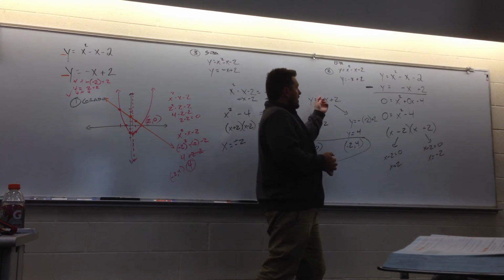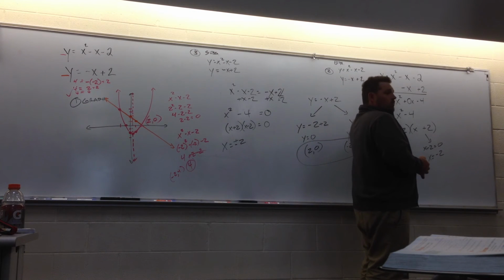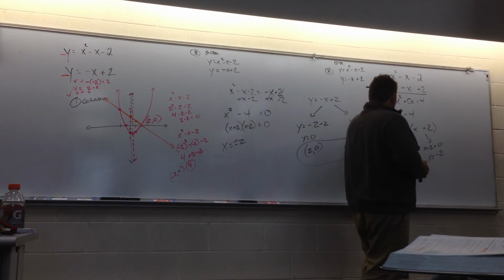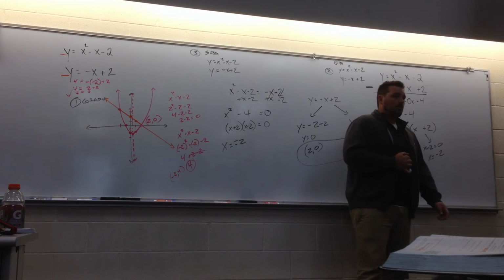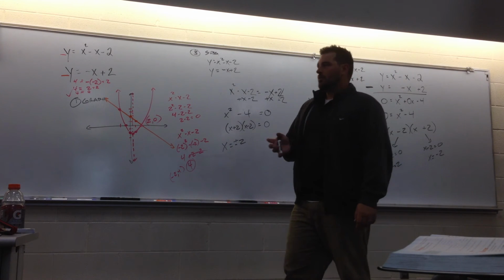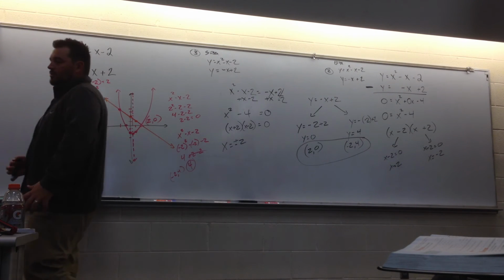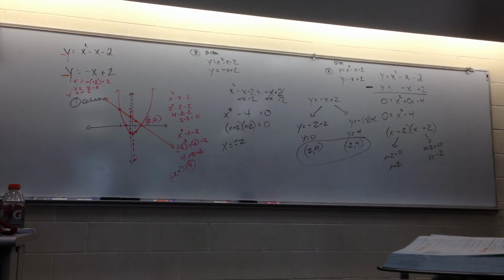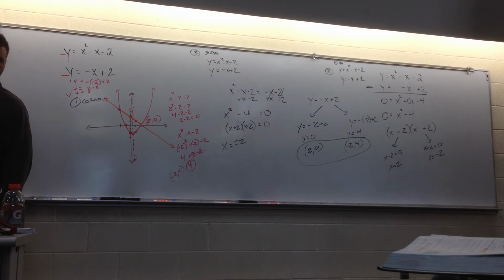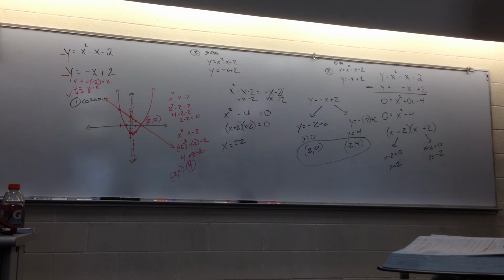With elimination, they're both equal to y, so when we just subtract them, it gets rid of the y's right away, and then you're ready to go. Graphing, if you have good graph paper, or like on the ECA, when they give you the graph, and all you have to do is click dots and put a line, then that might not be too rough. Any questions about that? Alright, let's go ahead and move on.